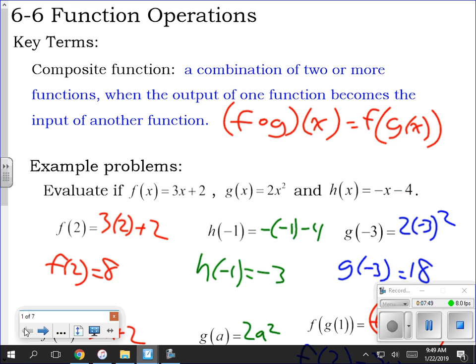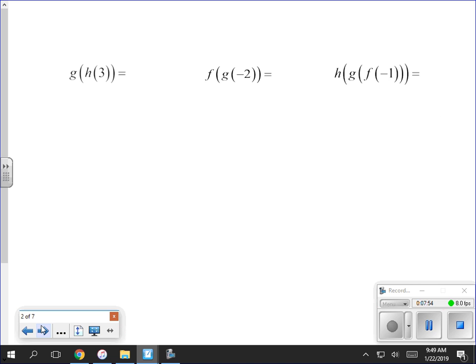Because when I get to the next screen, I have not redefined these, so it's still the same f and g and h. If I change what they are, I'll redefine them. I'll say, okay, there's something different.